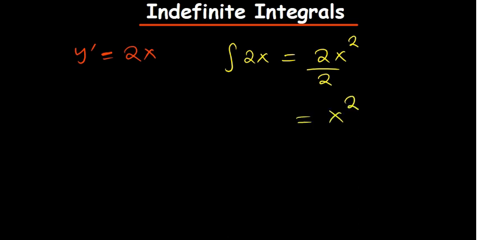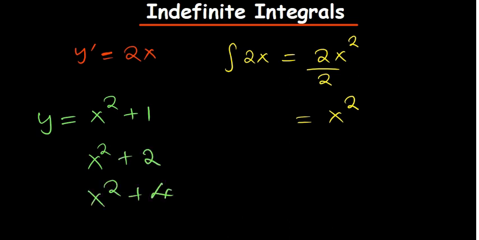Now one thing that you're not sure of is you don't know the original function where this came from. The chances are it had a constant. We don't know the exact constant that was there. I'm giving you some of the possible options. So what you do is just add a constant c.